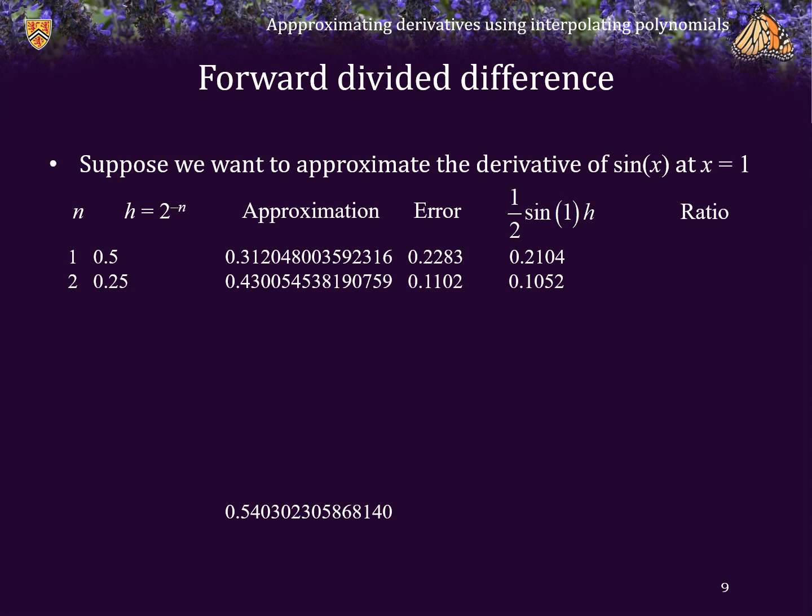Next, let's take the ratio of the current error over the previous error. We said that the error should drop by a factor of 2 if we halve h, and we notice that the ratio between the errors is approximately 1/2.